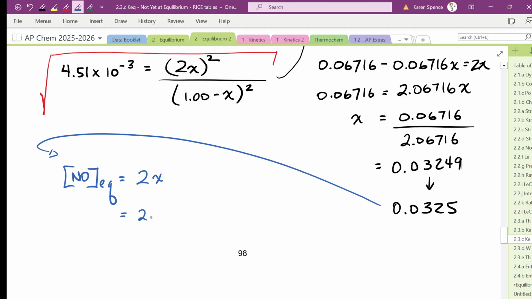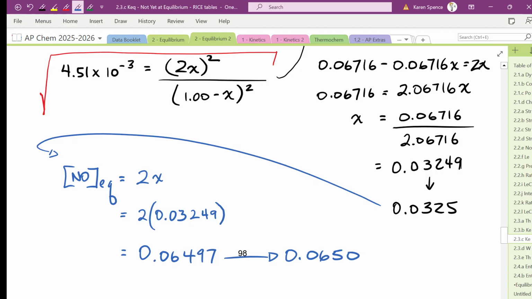So that's equal to 2 times 0.03249, which is equal to 0.06497, which would round to 0.0650.